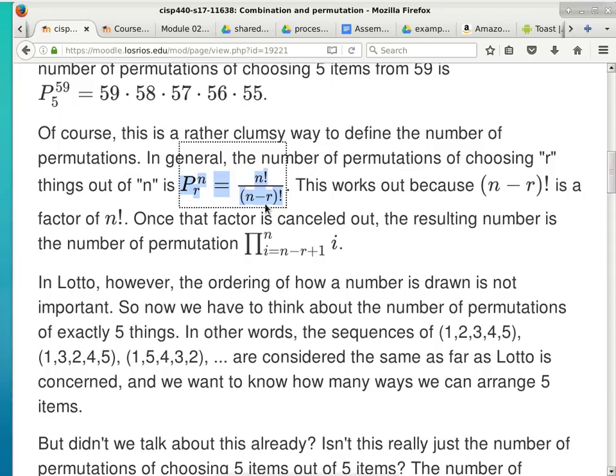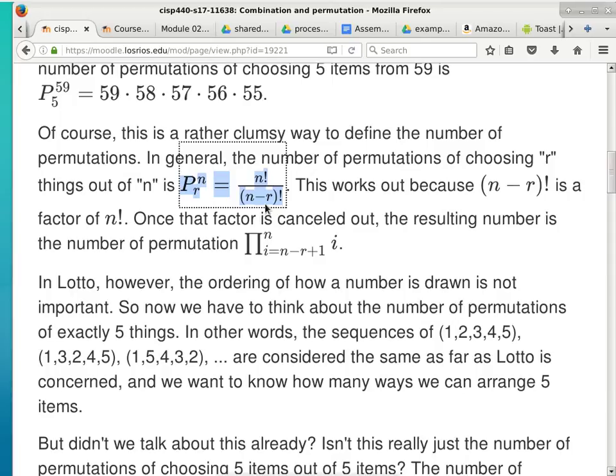Divided by 64 factorial. But where's the 5? The 5 is the number of things that we are drawing out of that cage. So that's why, in this case, n is 69, r is 5, and this number is the permutation of choosing 5 out of 69 things.